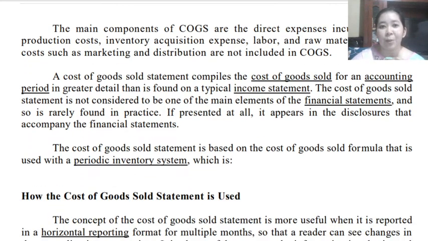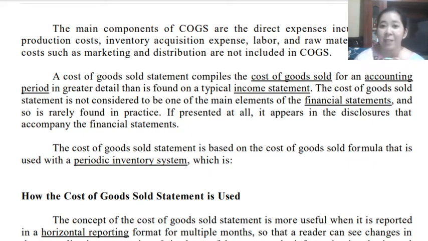So the cost of goods sold statement will compile all the cost of goods sold for an accounting period. In greater detail, this is presented in our income statement. Your cost of goods sold statement is not considered to be one of the main elements of the financial statements because this is just an element of your income statement.